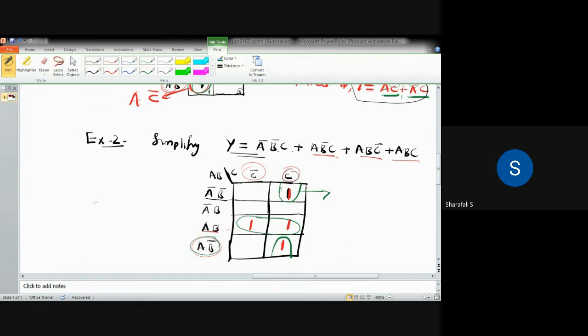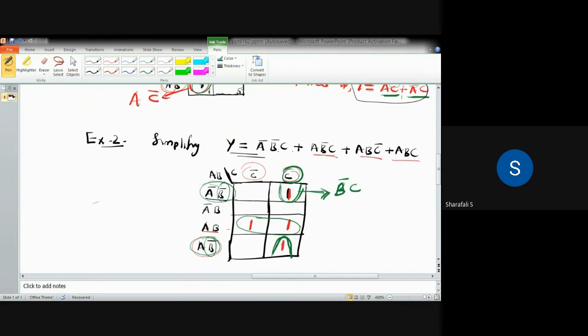Here you are having A B bar. Here you are having A bar B bar. So B bar is common in the row. B bar is common in the row. And then we are having C, which is common. I am talking about this. So we will be getting B bar C. One into two.